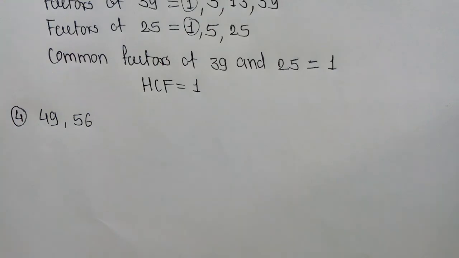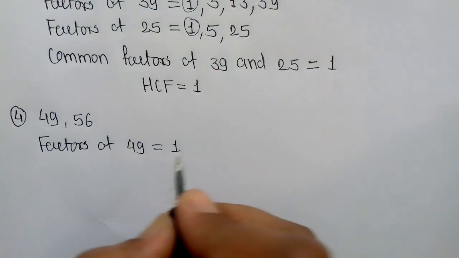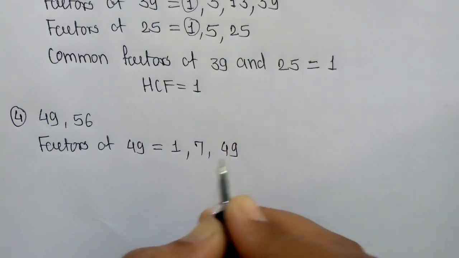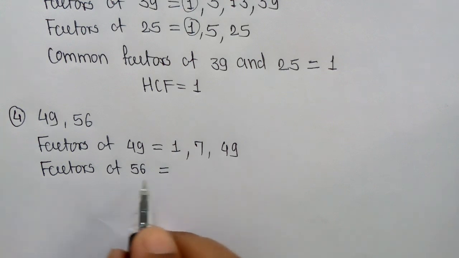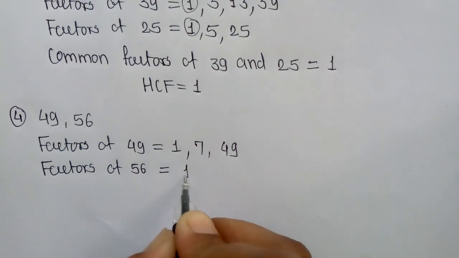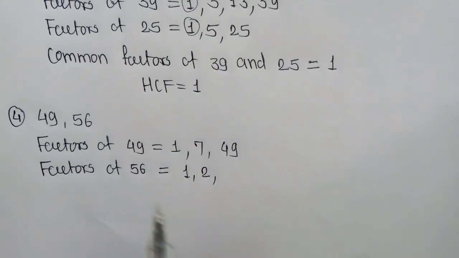Okay. Now the fourth one is 49 and 56. The factors of 49 are, yes, 1 is there, then 7, and then 49. Now the factors of 56. The factors of 56 are, first 1, then 2. Is 3 there? 5 plus 6 is 11.